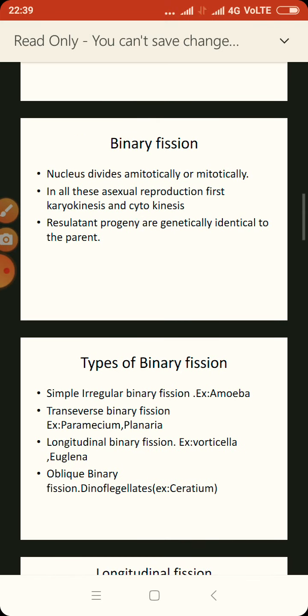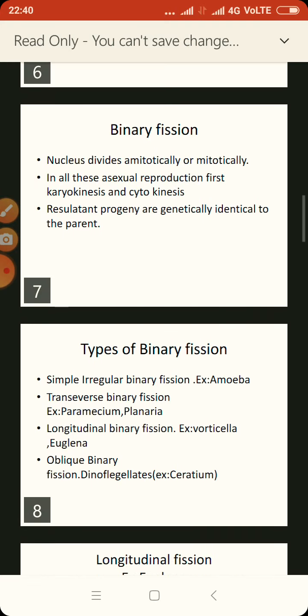Now what is this amitotic? The amitotic type of cell division we see in certain very lower organisms, like bacteria or certain organisms like paramecium.